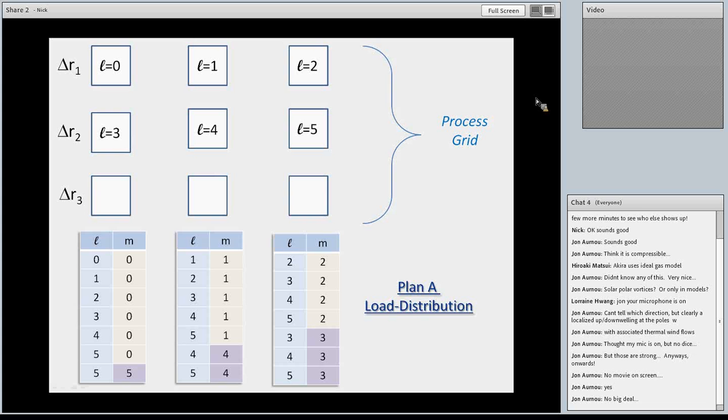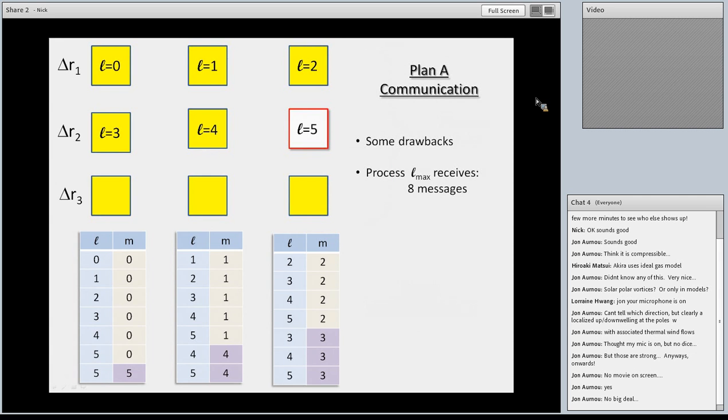Okay. So if you wanted to look at the load distribution for Plan A, we would look at our process grid. So we have a 3x3 grid of processors. You would just assign process 0 to be responsible for L0 and process 5 to be responsible for L5, and then the last 3 processes don't actually do anything. This has some drawbacks.